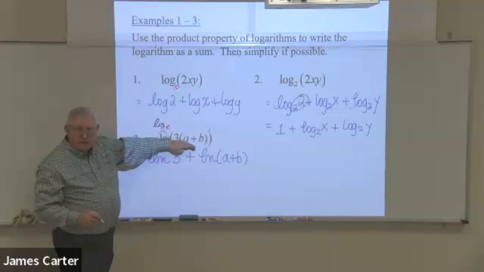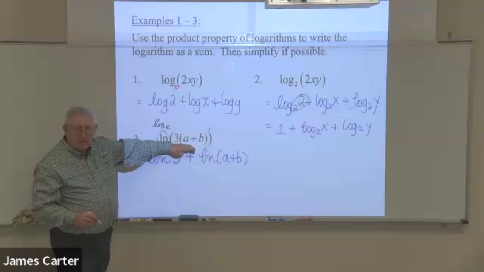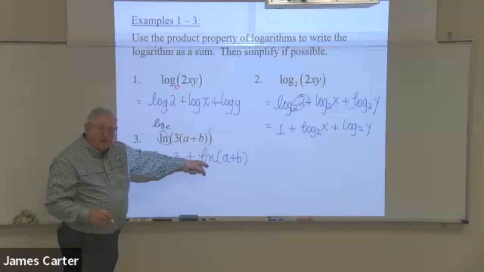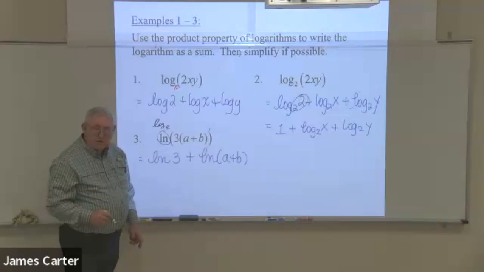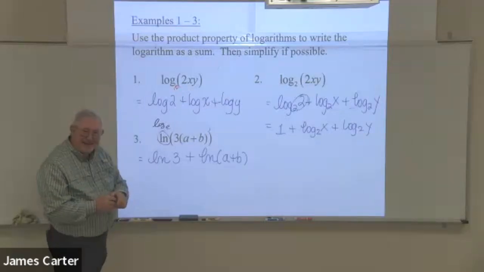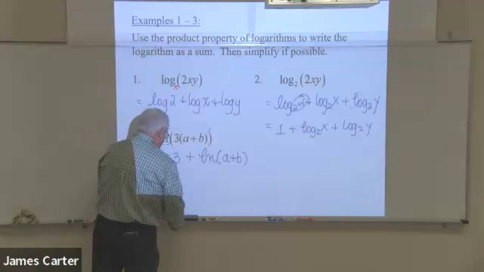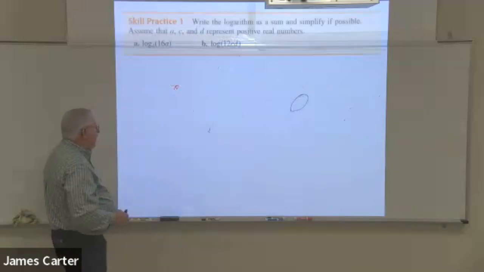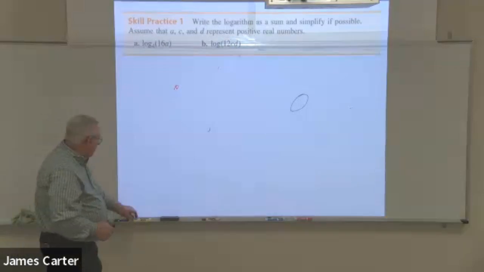On this problem, it doesn't make any difference. Your answer would be log base e of 3 plus log base e of parentheses. Okay. I've seen some other ones that you have to multiply. Okay. Or at least I think, if I understand what you're asking, I think we're headed there.